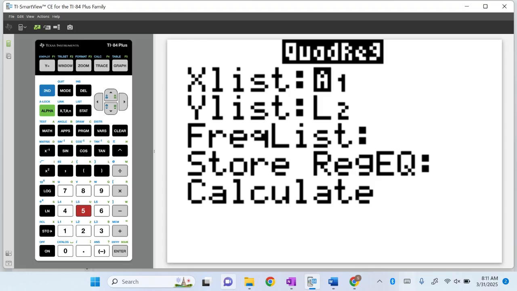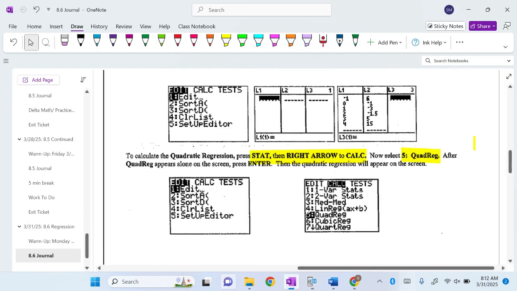All right, everyone get to that screen. Take a minute, get to that screen. Again, the steps are stat, right arrow, 5. And again, the steps are right here in your journal as well.